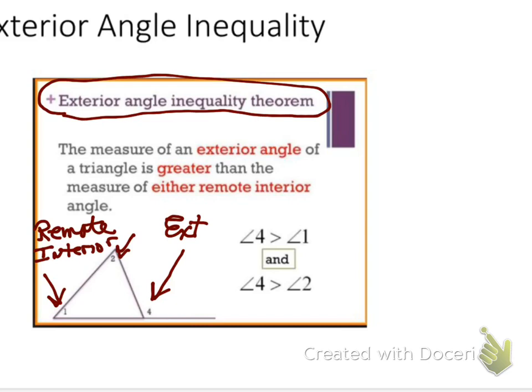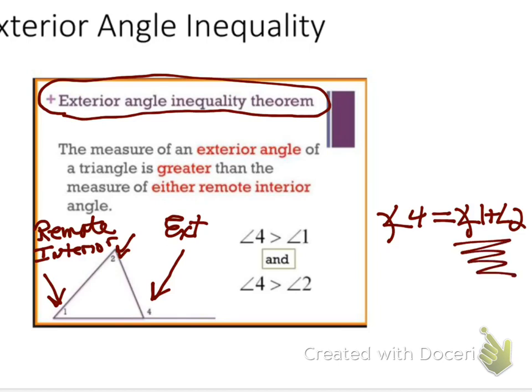Well, that makes perfect sense, because don't we know that angle 4 equals angle 1 plus angle 2? Since angle 4 equals that sum, then angle 4 has to be greater than either part of that sum. So it makes sense as a corollary to the exterior angle and remote interior rule.